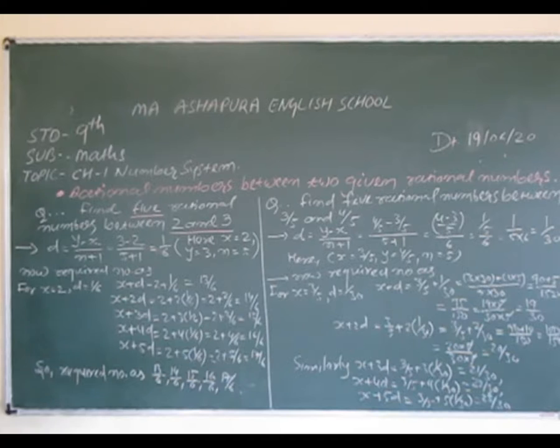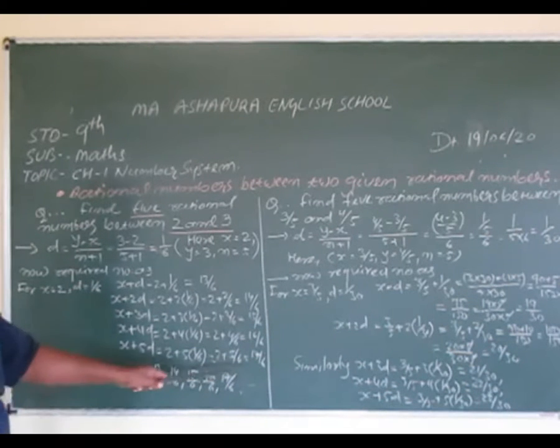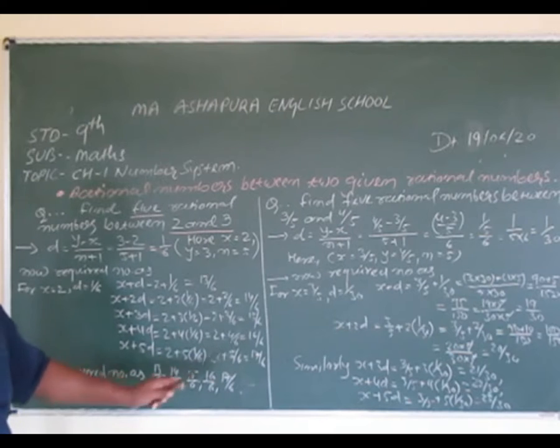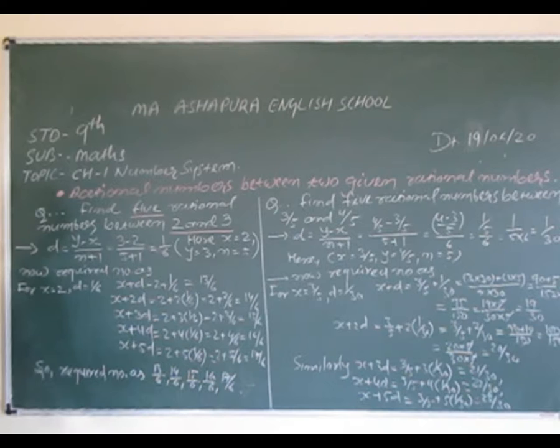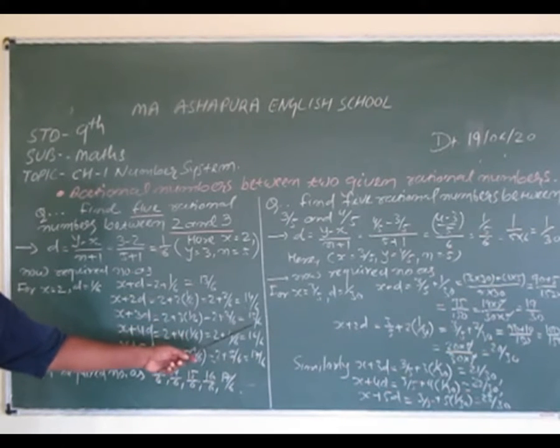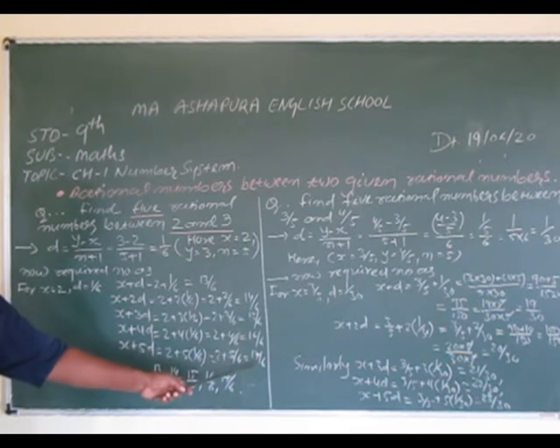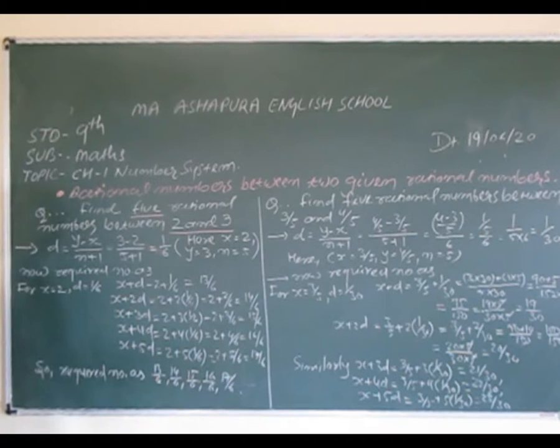We get 2 plus 5 by 6 and simplifying in the last stage we get 6 times 2 is 12, plus 5 is equal to 17 by 6. So our required numbers are 13 by 6, 14 by 6, 15 by 6, 16 by 6 and 17 by 6.